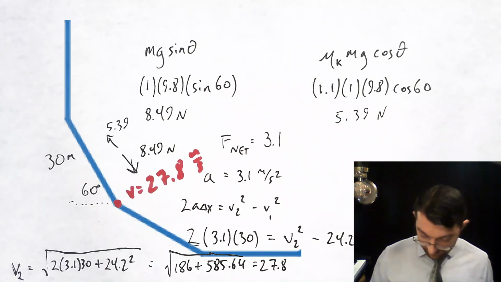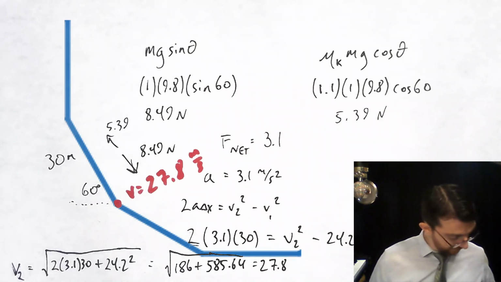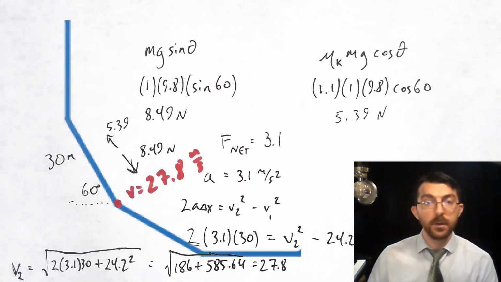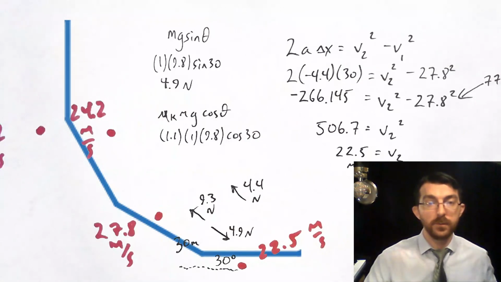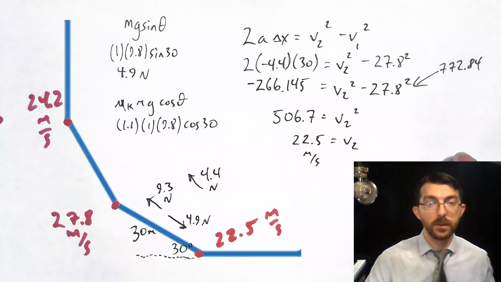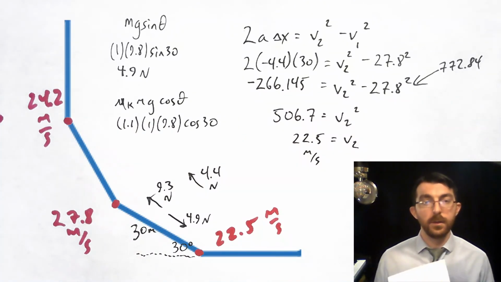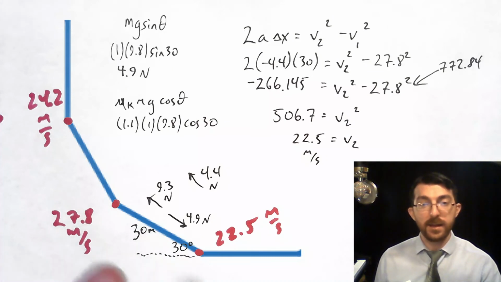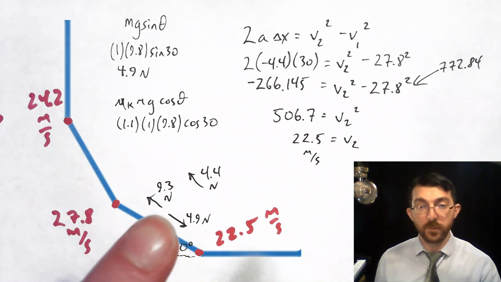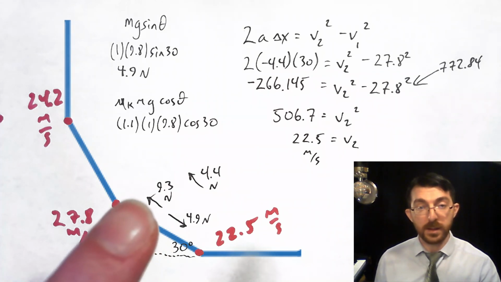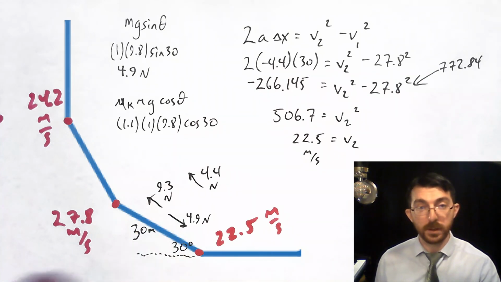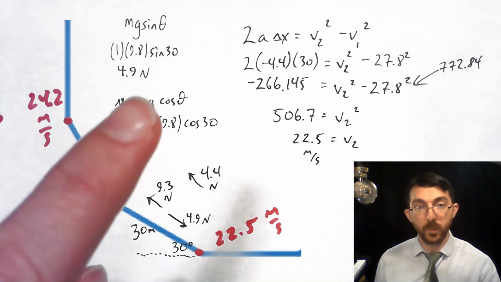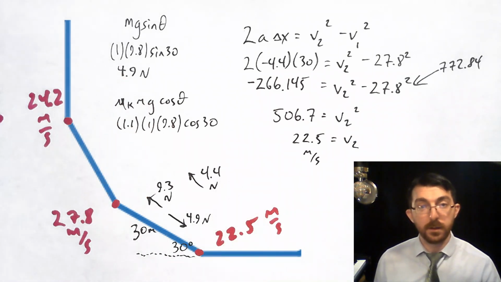And after that, there we are, got to 24.2, then it got to 27.8. Down here, we finally have a force of friction stronger than what's pulling it down, 9.3 greater than 4.9. Here's the work for how you get 4.9 and 9.3.